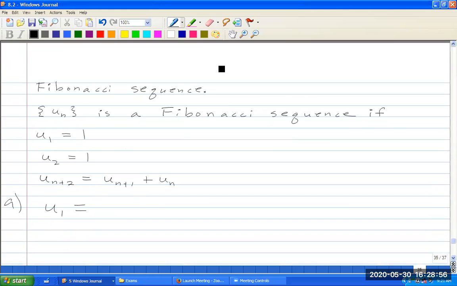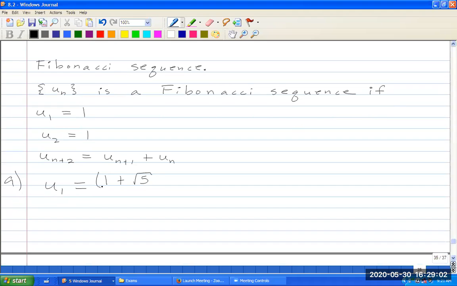So I get (1 plus rad 5)^1 minus (1 minus rad 5)^1 over 2^1 rad 5.